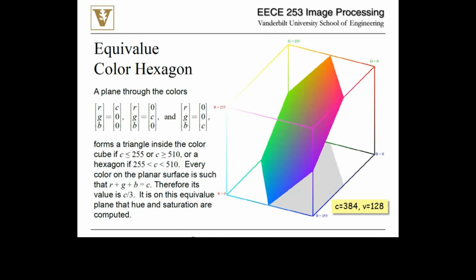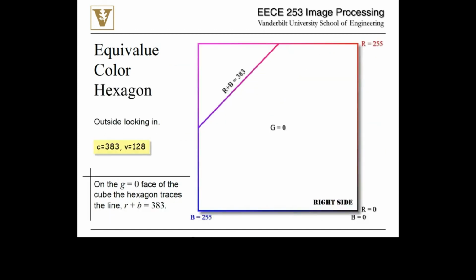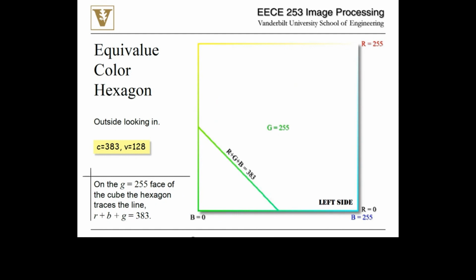So now we have this line. So that line is here. This is our line of intersection. The origin is here. Okay, so then, this is another card. So now this is the plane with G equal 255.